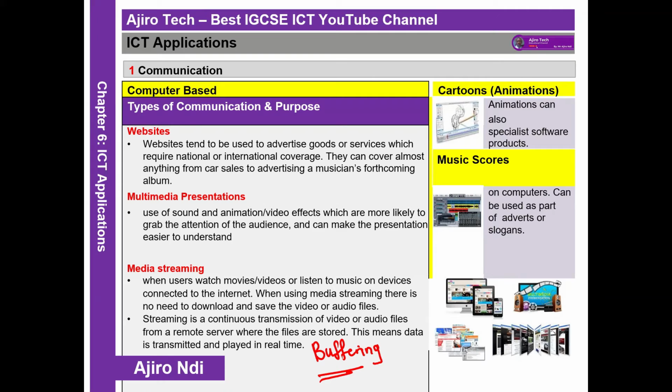And even if your network is bad, you can still watch a couple of minutes or seconds before it goes through. It starts spinning round and round, telling you that maybe there's no network or you have a weak signal. So that is literally what buffering does.